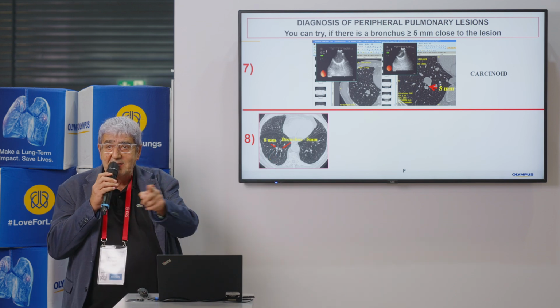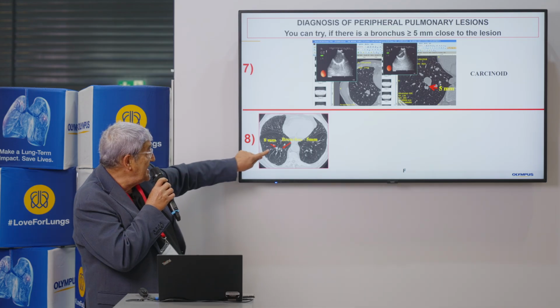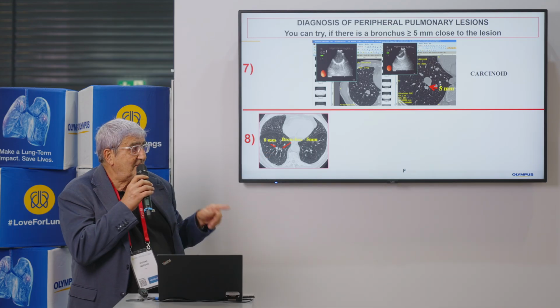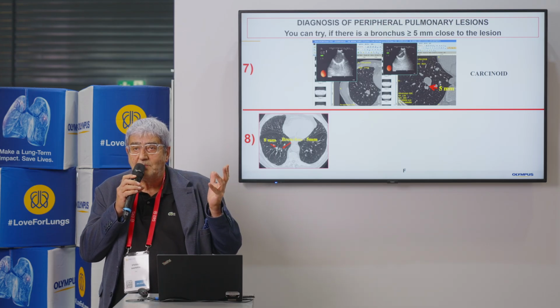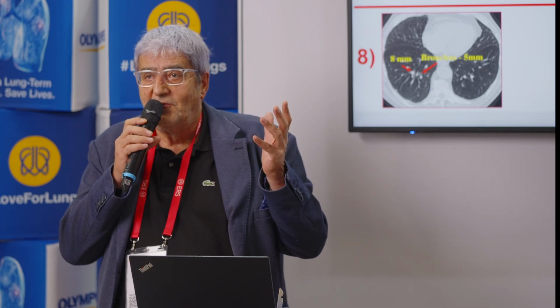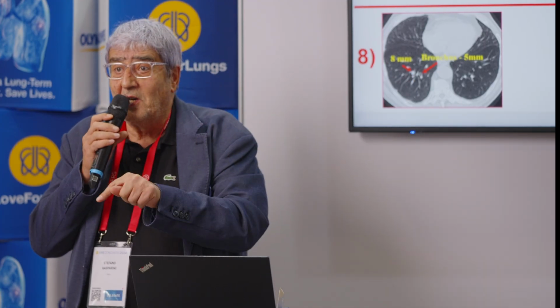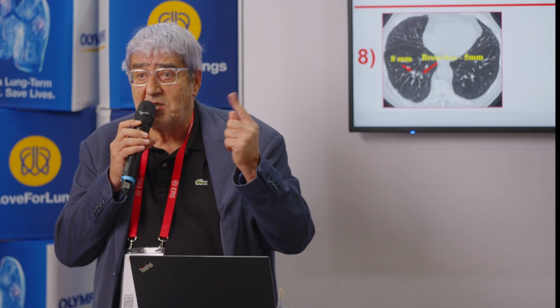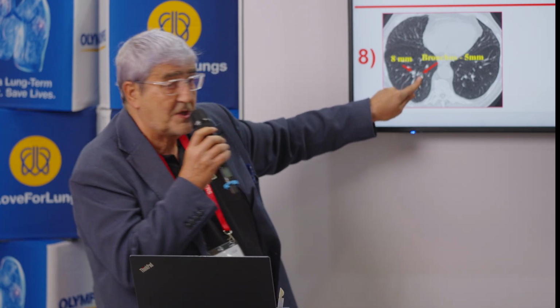If you have a patient that will come to your hospital tomorrow with such a lesion, try to think what I would do for such a lesion, 8 millimeter. But tomorrow, after my presentation, you can look around and there is a bronchus.